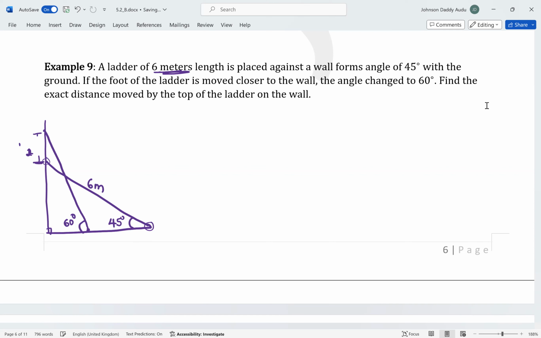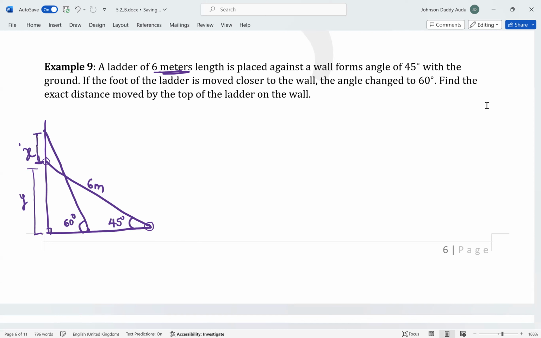We can call it anything, we can call it X. Let's call it X. Then this place, let's call this one Y. So what we can see is that we can try to get Y first.